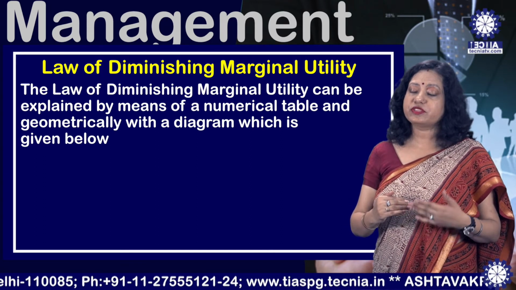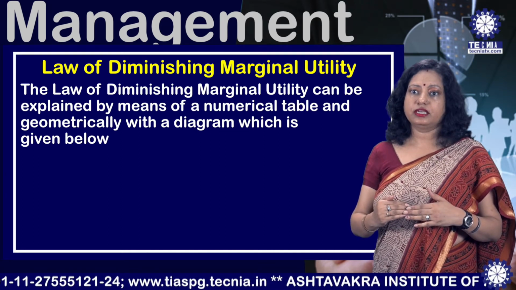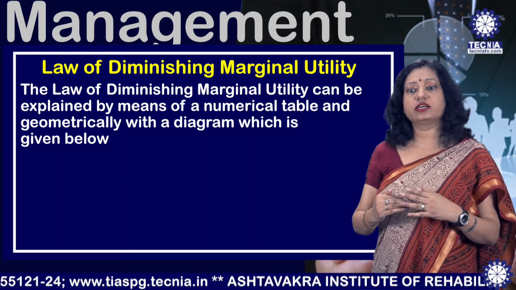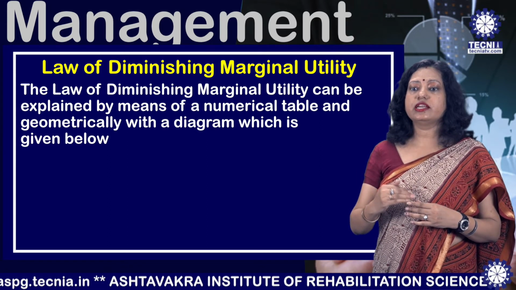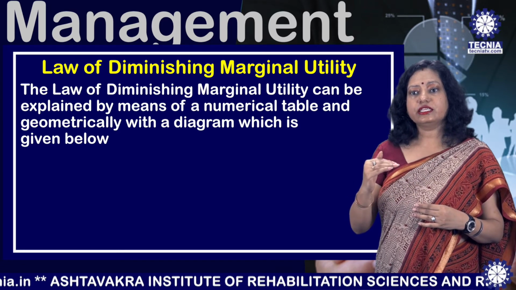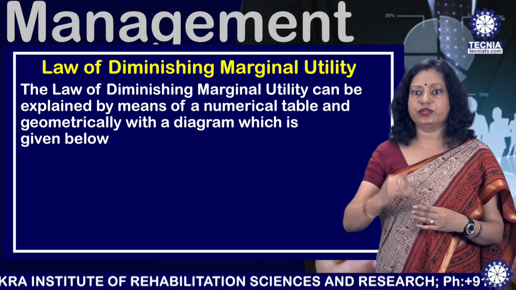Again, if we consume one more unit of that commodity, the total utility is now 30, which shows that the marginal utility increases only by 2. That means it diminishes from 4 to 2.